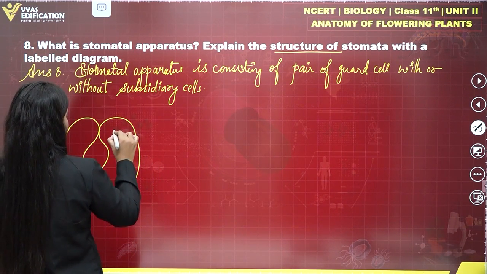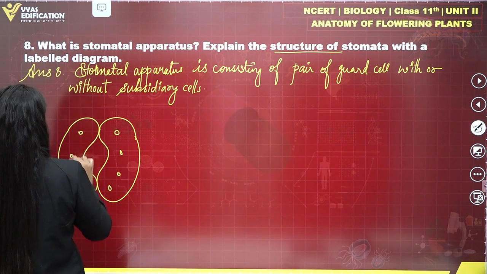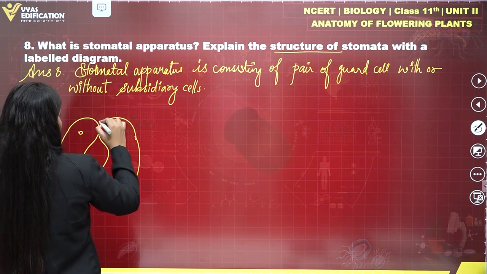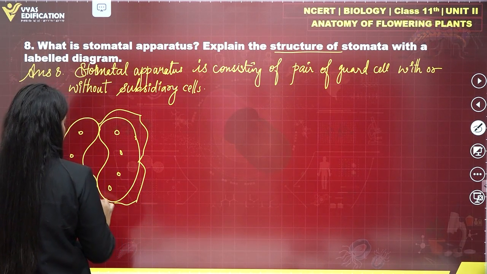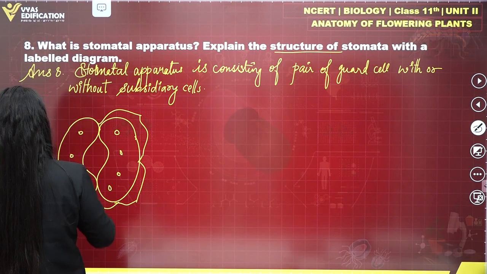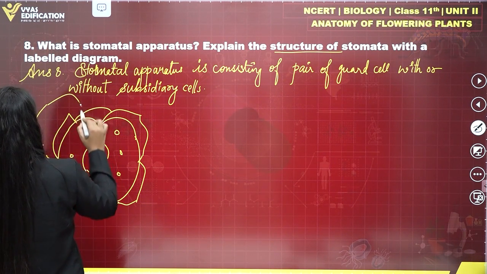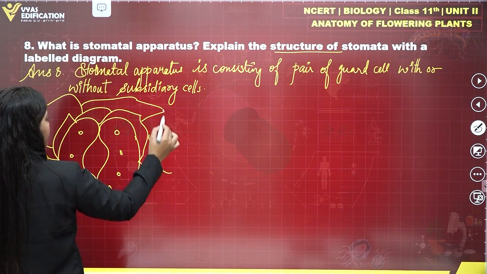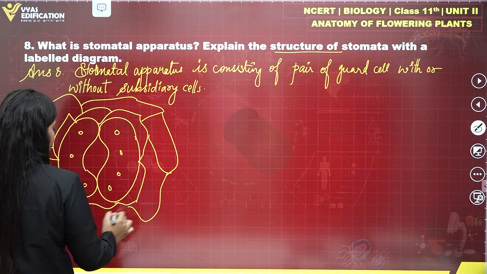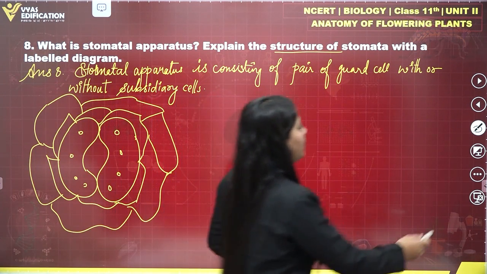These are the guard cells, these are chloroplasts, these are the subsidiary cells, and these are epidermal cells. Now let's mark it.